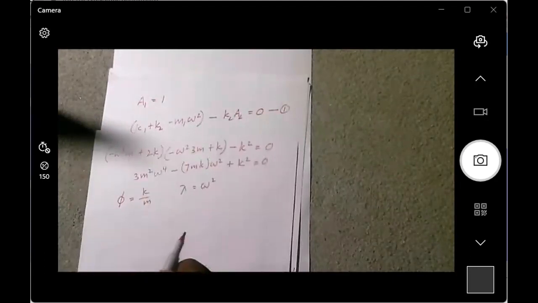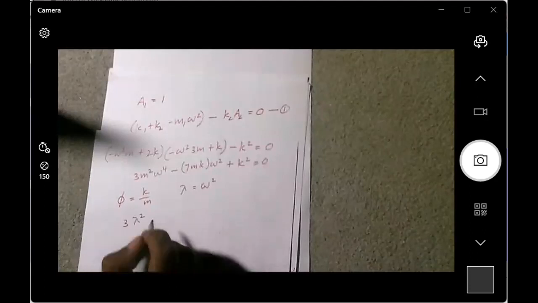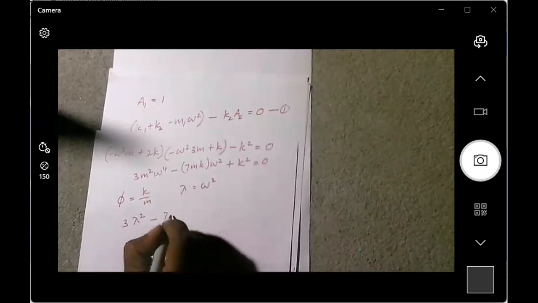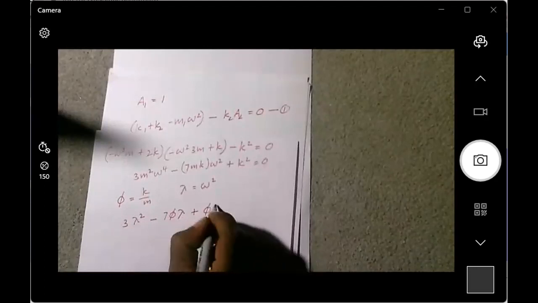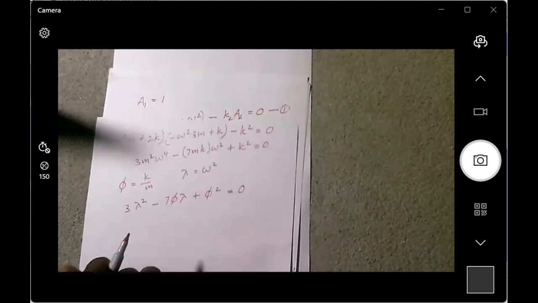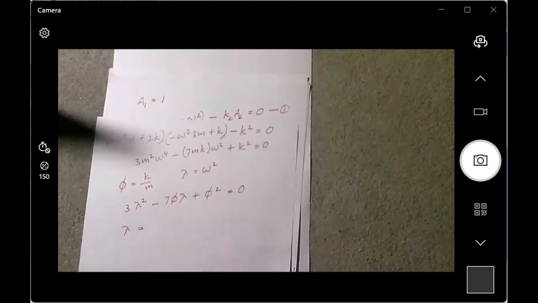So divide the whole thing by m squared. 3 omega 4 is lambda squared, minus 7, m and m cancelled out, 7 phi lambda plus phi squared is 0, right? Now find lambda by solving this quadratic equation.